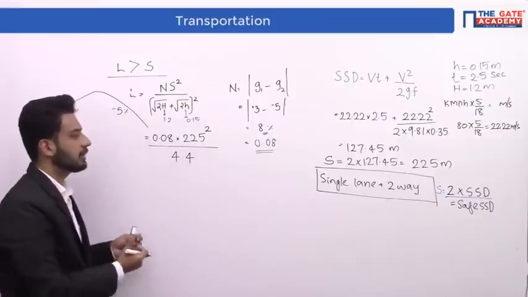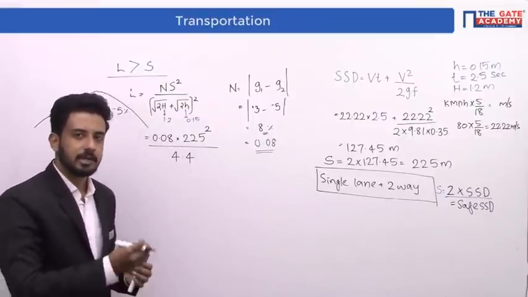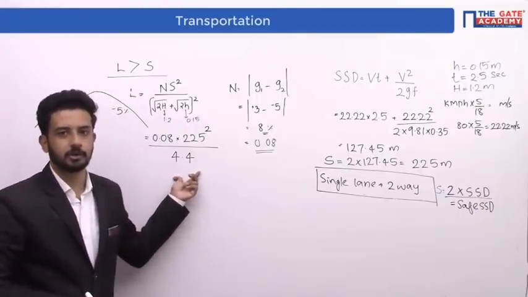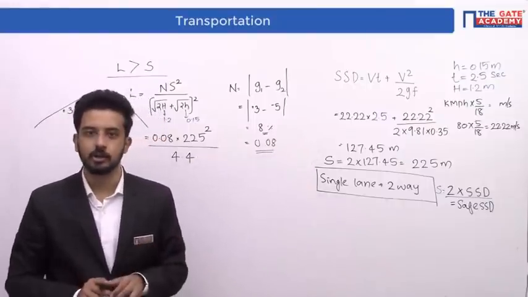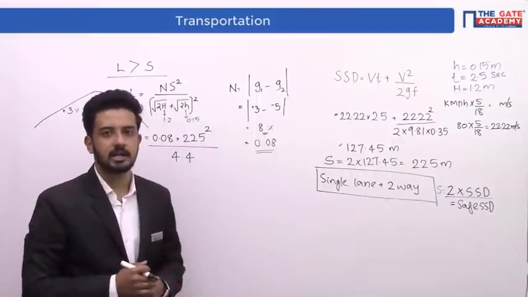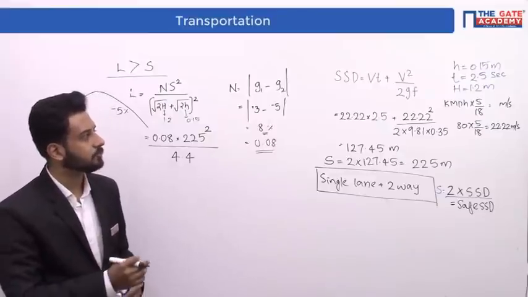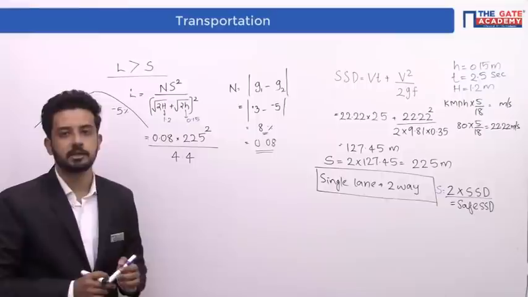Okay, so the equation you can mug up is N S square divided by 4.4, if capital H and small h are not given, which means they are 1.2 meter and 0.15 meter.